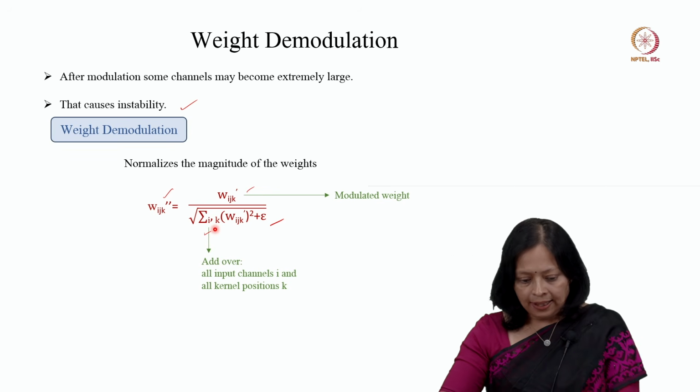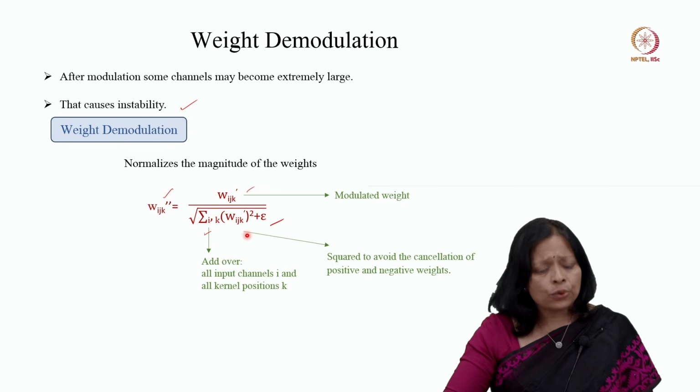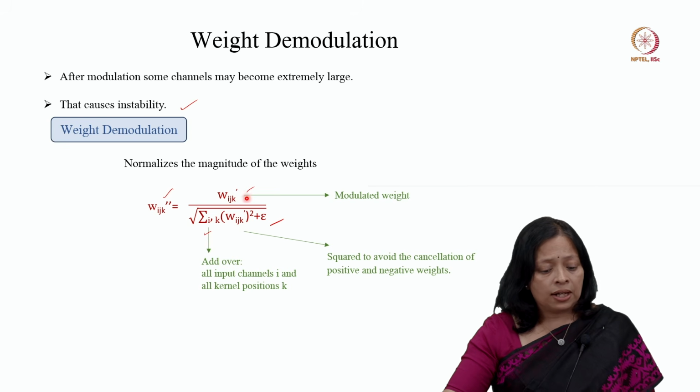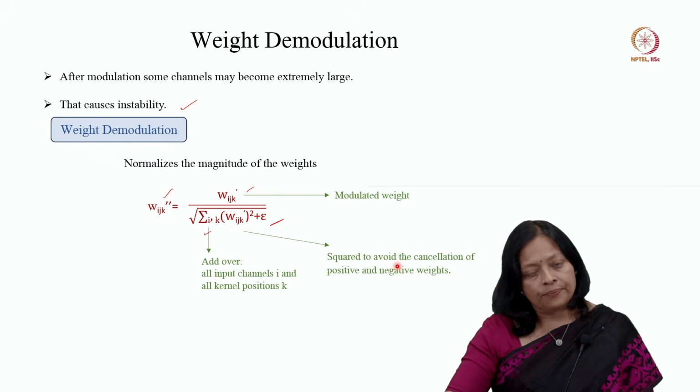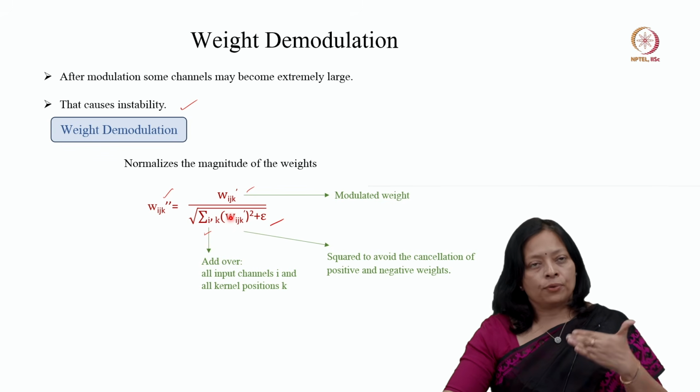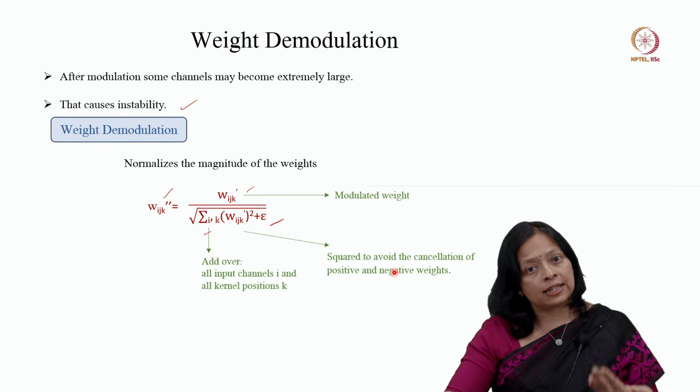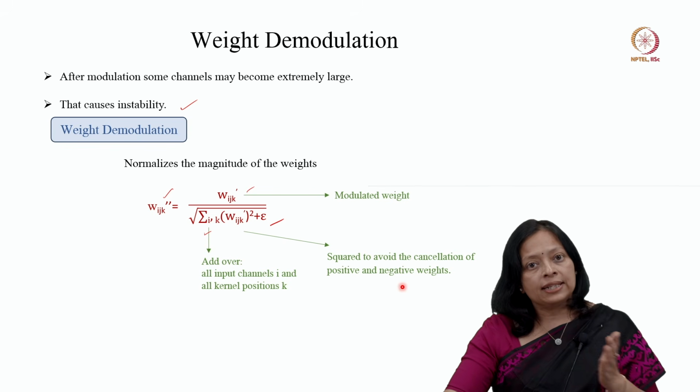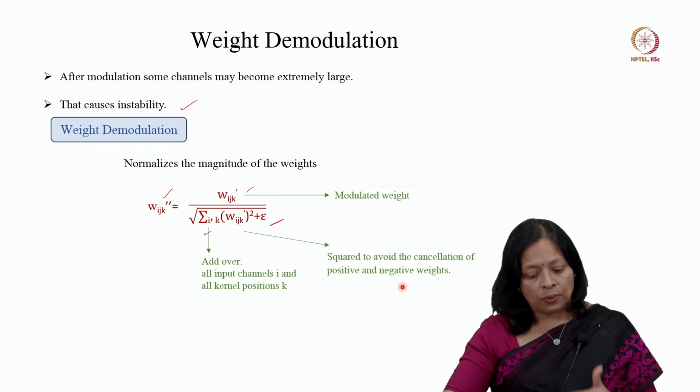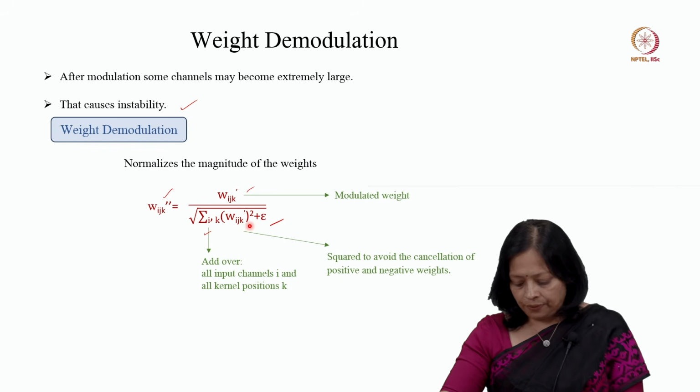And then there is a square term of Wij prime, your modulated weight. Why are we taking the square? Because if the weights are positive and negative, there is a chance of them cancelling. So, to avoid the cancellation of positive and negative weights, this square term is taken.